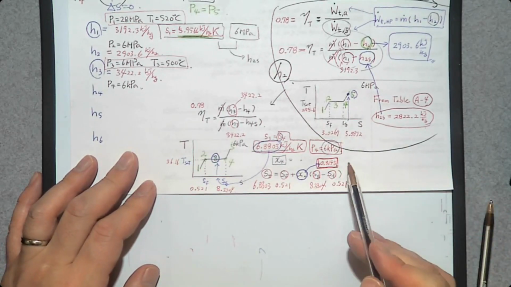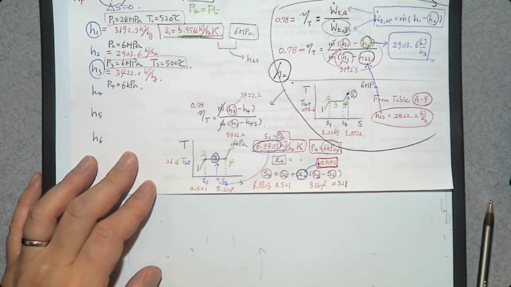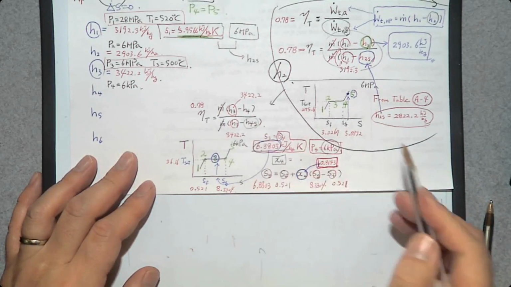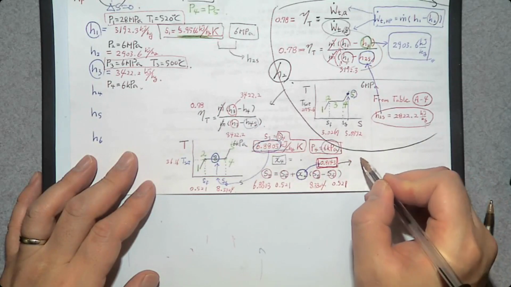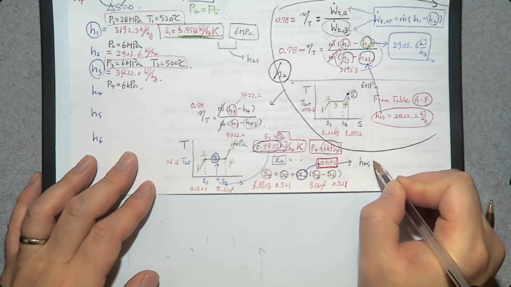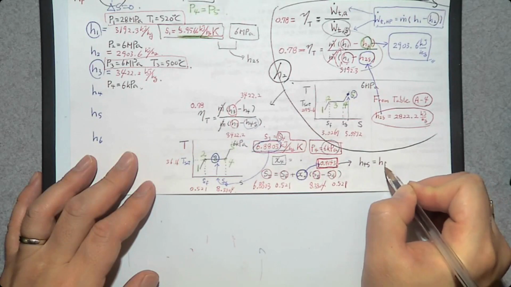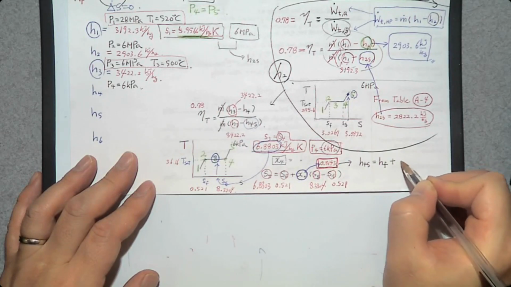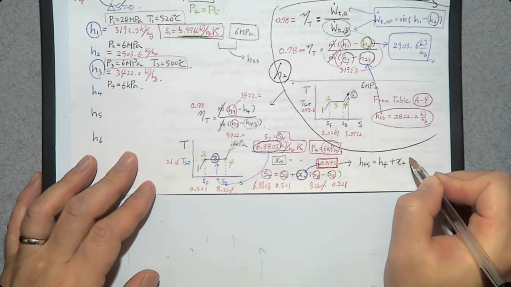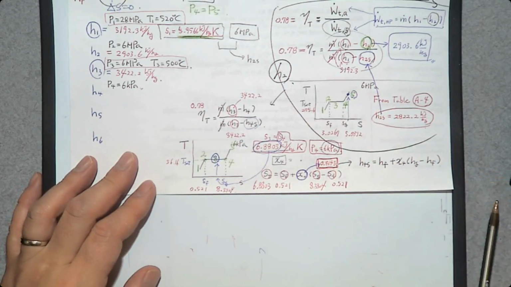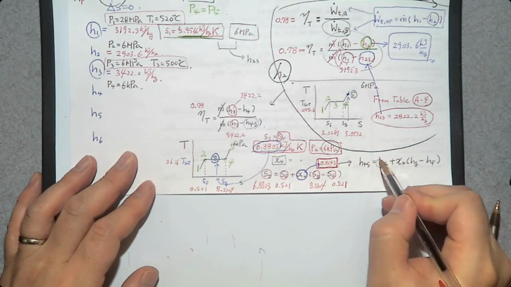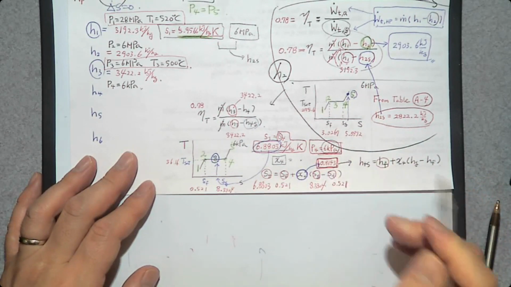Then we are going to use this quality X to determine H4S by using linear interpolation: HF plus quality X4 times Hg minus HF. Where can we find HF? At the given pressure, 6 kilopascal.